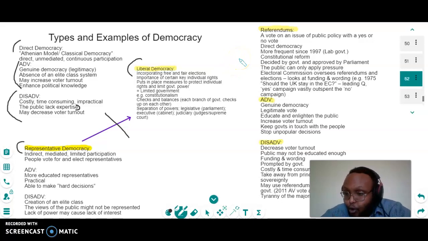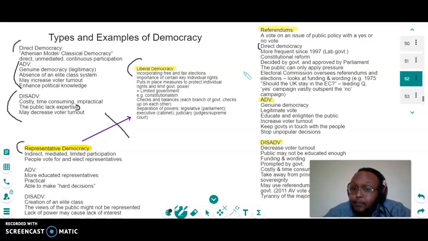So if you look at a referendum, right? This is an example of democracy at play. It's a form of direct democracy. So the people are given the ability to choose between something that is being done.